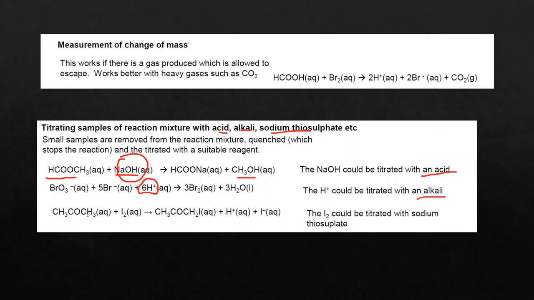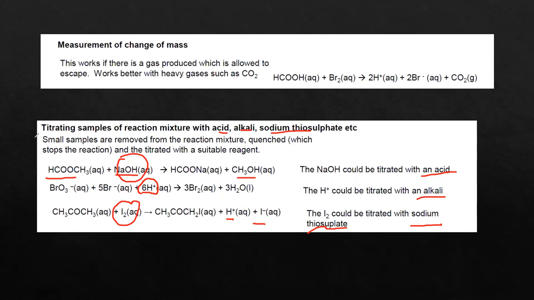Or iodine reacting with propanone, which is a ketone. Propanone reacts with iodine to form iodopropanone plus hydrogen ion plus iodide ion. So this iodine molecule can be titrated with thiosulfate using an iodine-thiosulfate titration. Is it clear?